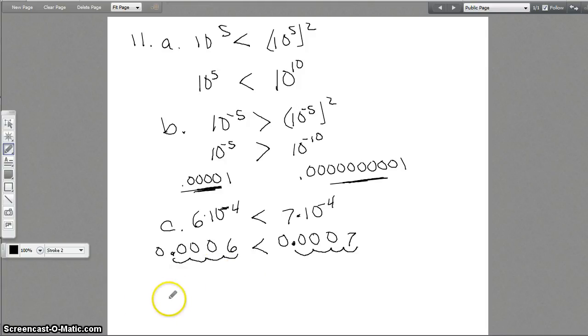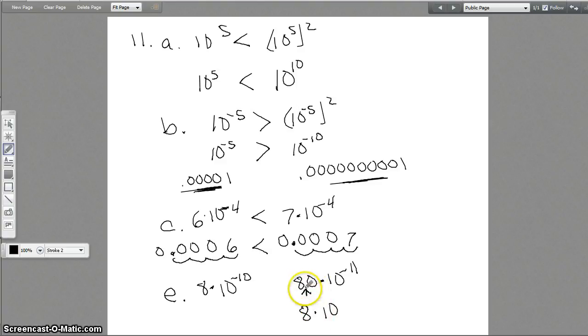Okay, we're going to do just one more from this problem. Let's look at part E. Part E has 8 times 10 to the negative 10, and it also has 80 times 10 to the minus 11. Well, our number on the left is in scientific notation and our number on the right is not. So let's move it to scientific notation. Changing it to scientific notation, we would put our decimal right here. So that's an 8 times 10 to some power. What power is it?